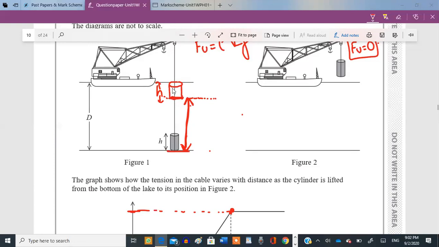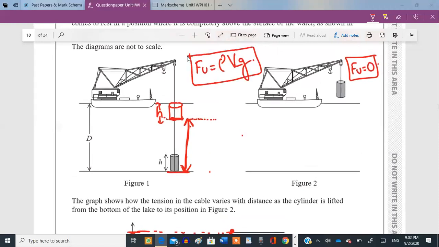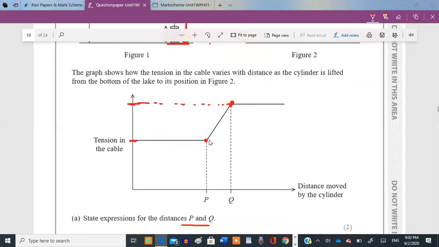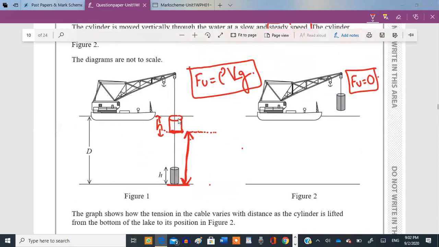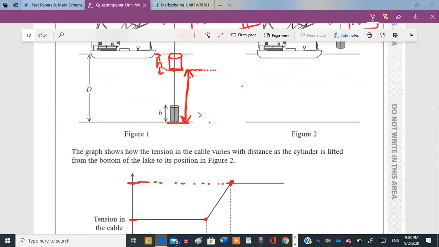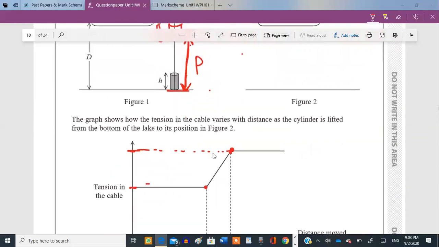I'm taking the value till this submerged part because this is the point till which the upthrust will have a constant value. As soon as this object moves out, upthrust will fall to 0. And as soon as the upthrust falls, this graph will rise. So this is the point. This is the distance P. This is the distance till which the tension has a minimum value.